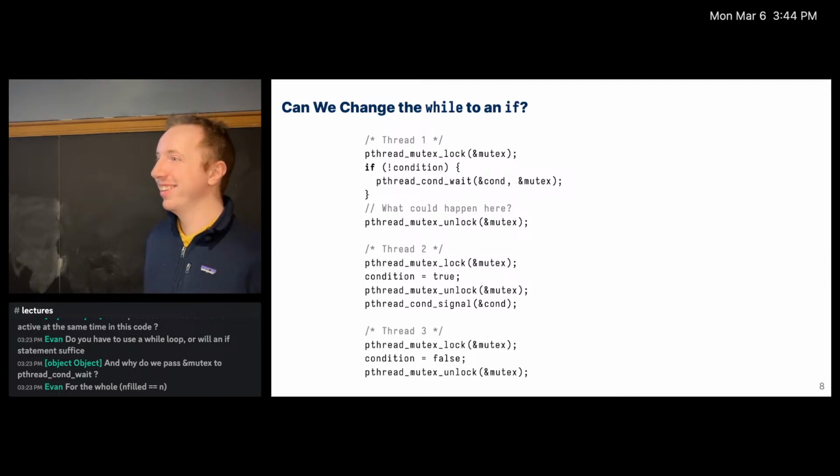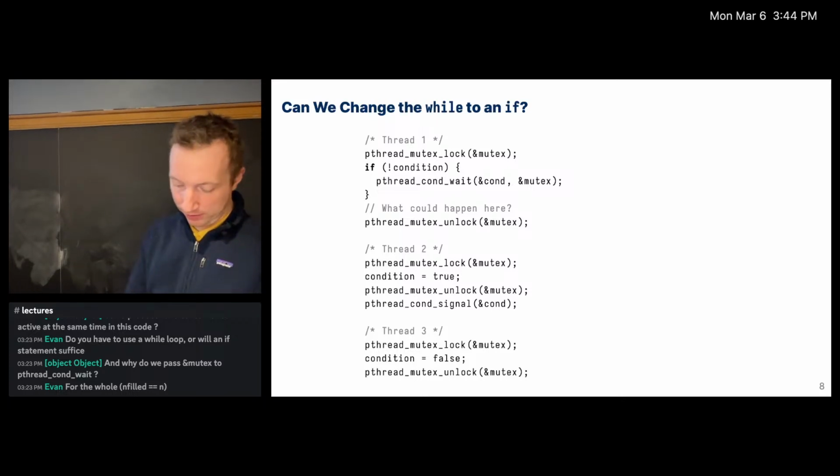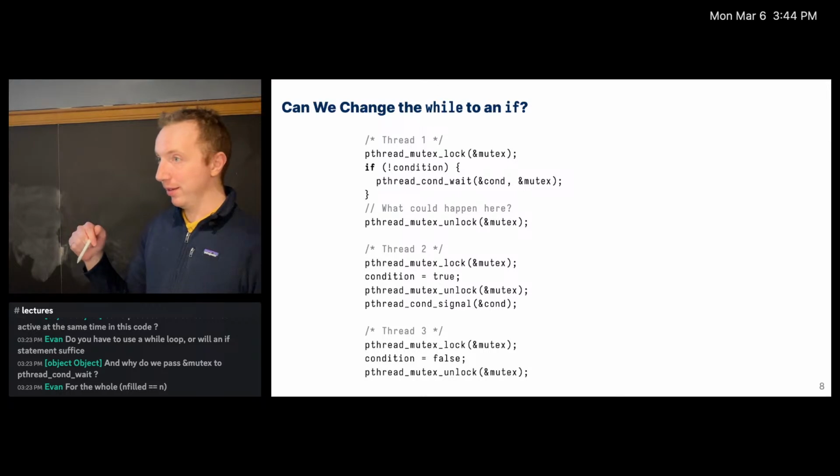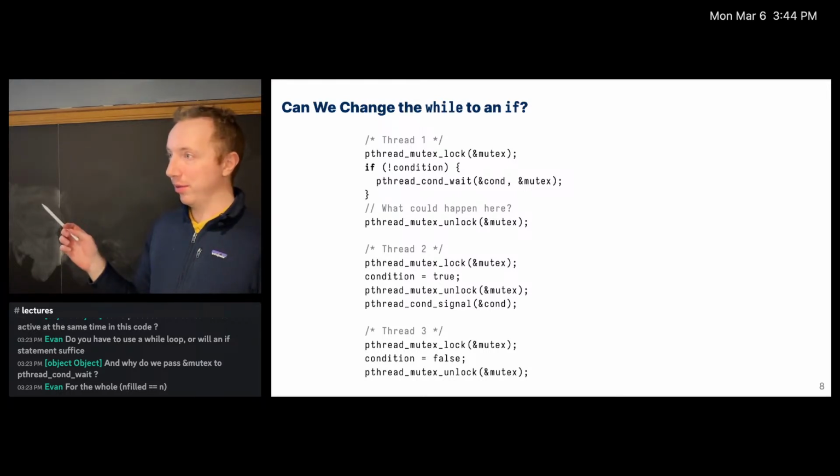I'm not doing a good job explaining that, but something has changed the condition outside of this thread, and it means that we don't really want to go on from waiting. Something has changed. So thread 1 went to sleep because the condition is false. And then something else woke it up because the condition's true.